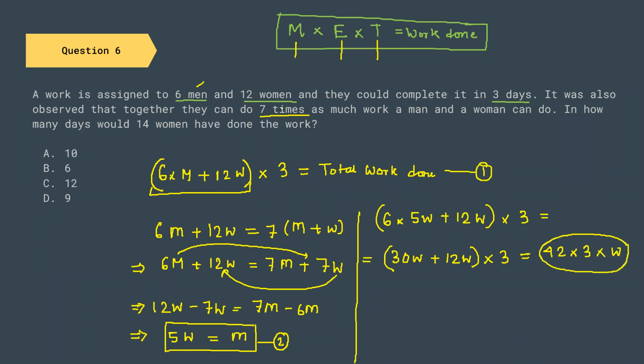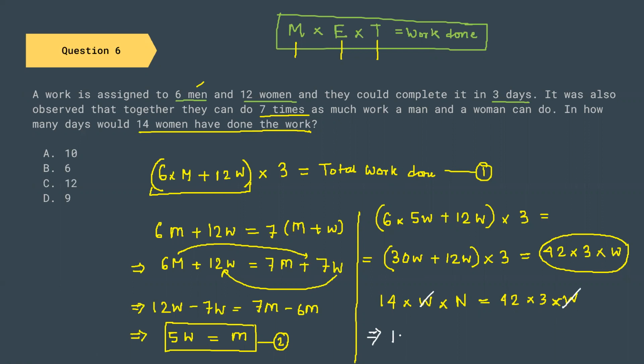And now they are asking how many days 14 women would take to do the same work. So let us imagine that we have 14 women into W, and the number of days, let it be N, will be equal to 42 into 3 into W, because this is the total work done. From this equation, we can cancel W from both sides.